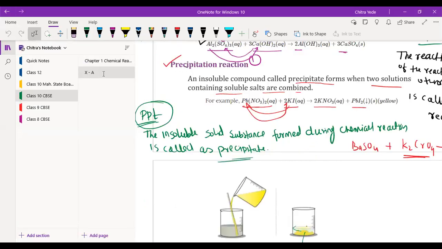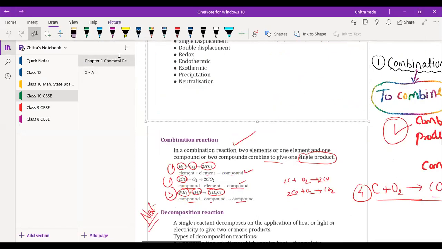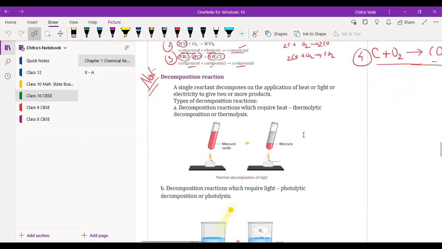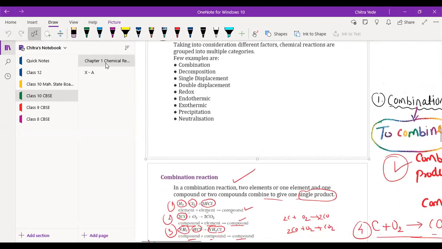Our section is 10th A, right? Yes, sir, 10A. Okay.